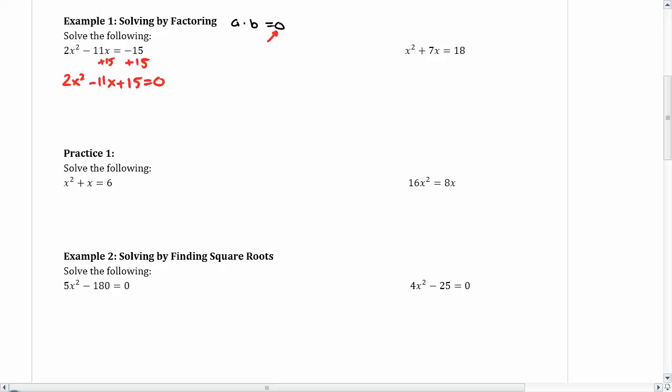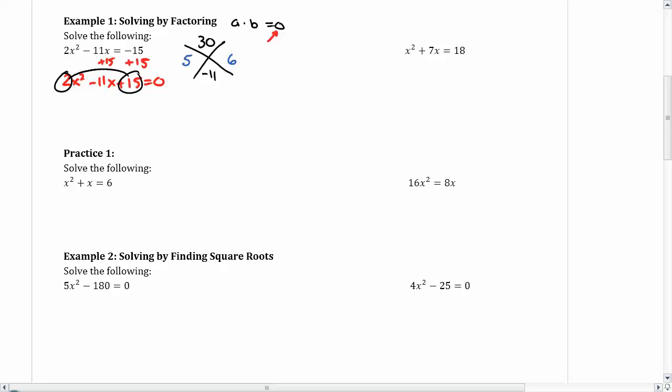Well, hopefully by this point you're starting to get a lot more comfortable with factoring at least. But big X, 2 times 15, multiply them together, 30, negative 11. Then you need to go through the possibilities for what could make that happen. 1 and 30, 2 and 15, 3 and 10, 5 and 6, which would be the correct one.